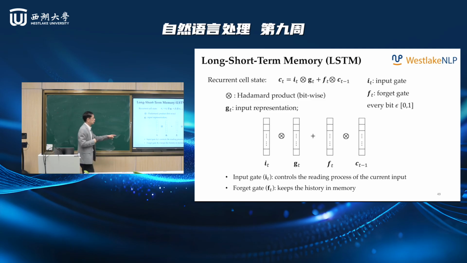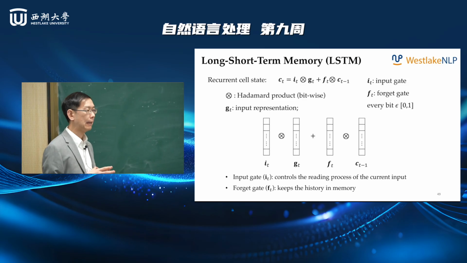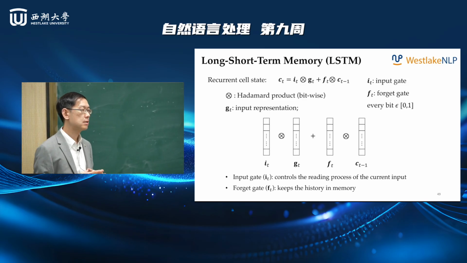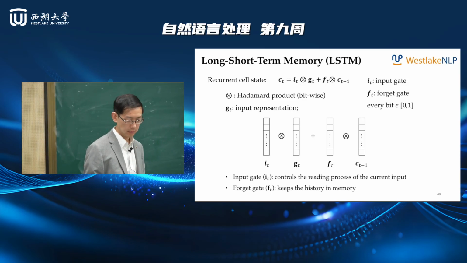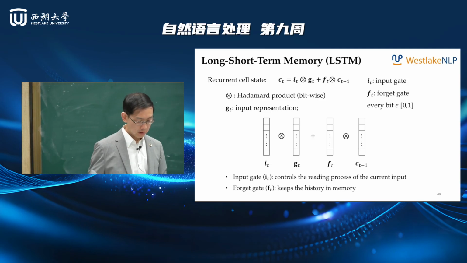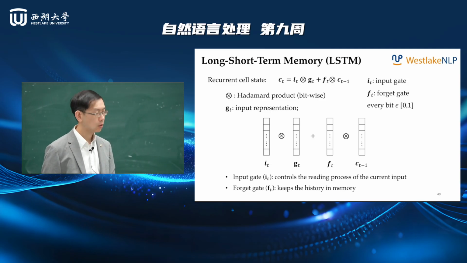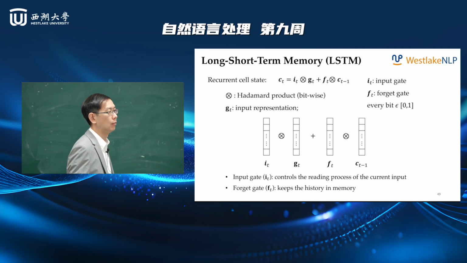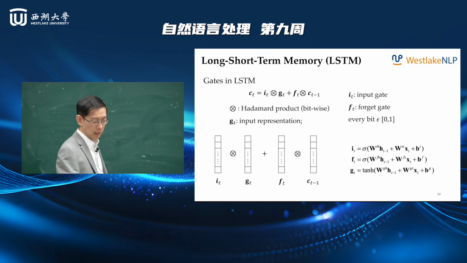So this is called short-term memory. This is called long-term memory, okay? And it turns out that by the use of gates, you handle the gradients more easily, okay? And actually, this equation is the core of your LSTM. After you understand this equation, you can understand the whole of LSTM.